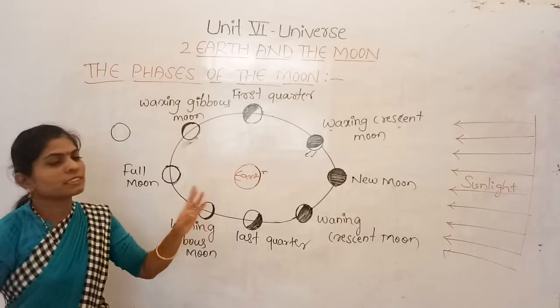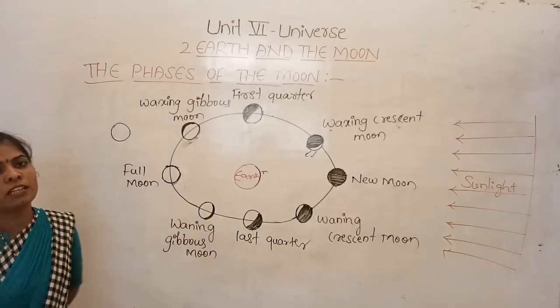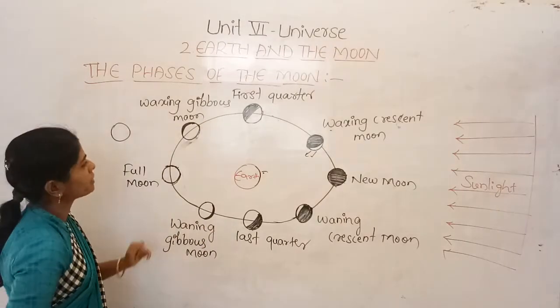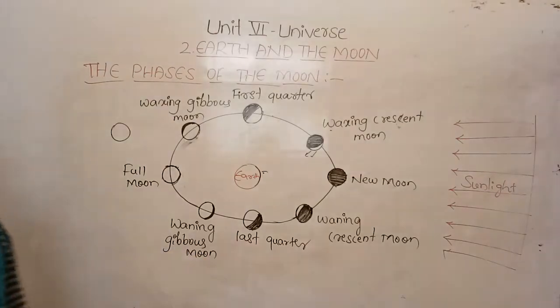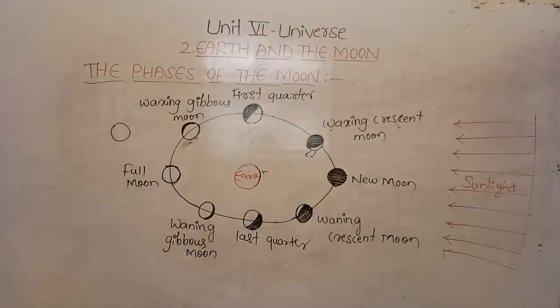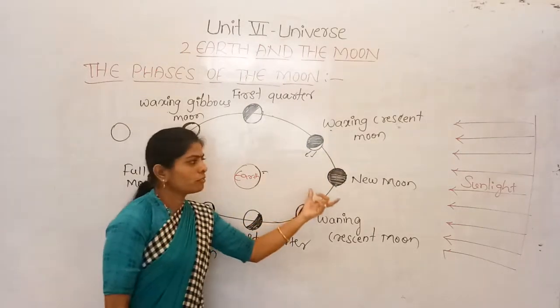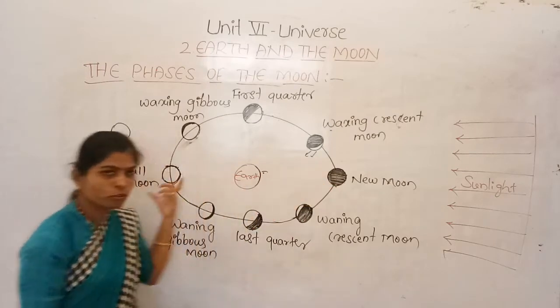This is all about the phases of the moon. At the end, I will give a video clip with this so that you can understand it clearly. Okay, so can you get the new moon and full moon?